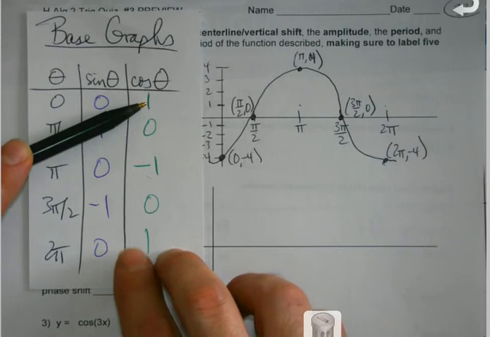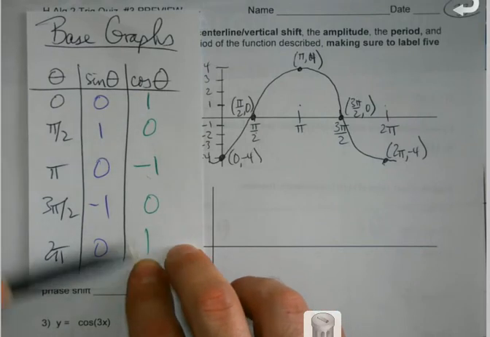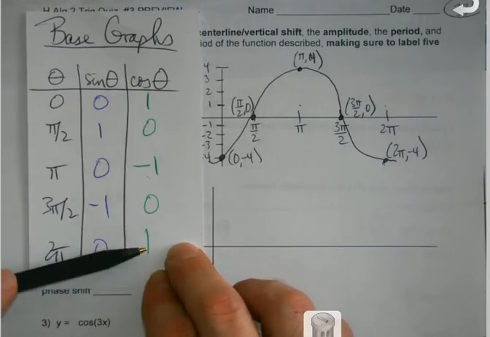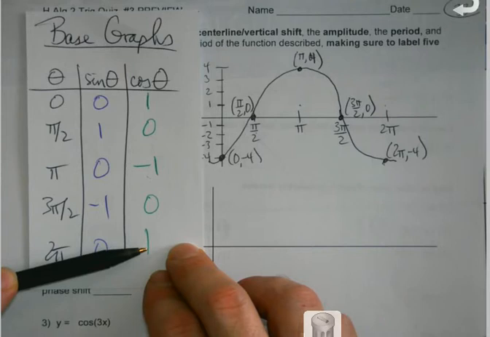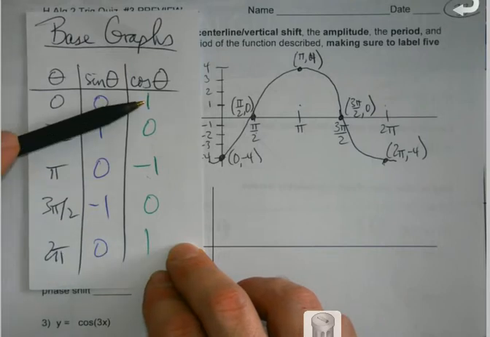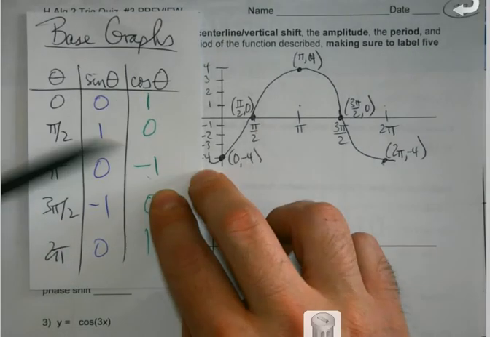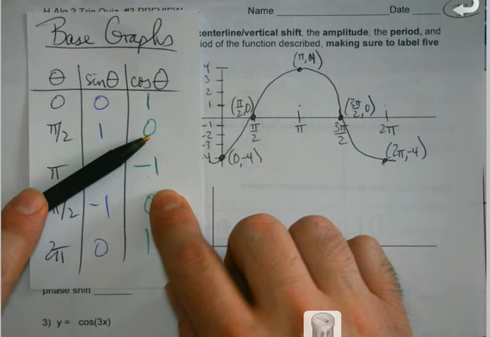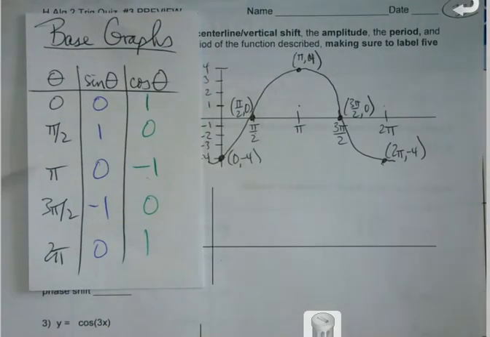So for all of these, I'm going to be multiplying them by -4 when I plot them. When I said at pi over 2 I knew I was at 0, it's because normally at pi over 2 I am, and multiplying it by any value isn't going to move it, because 0 times anything is 0.